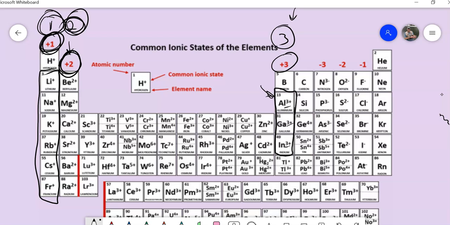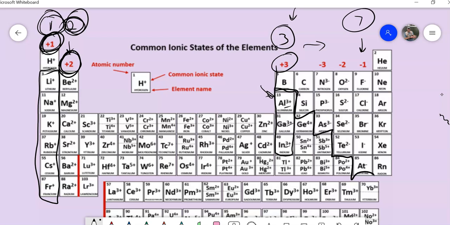Let's move on to the nonmetals. Remember, we have this dividing line here between the metals and nonmetals. So on this side are our nonmetals. Remember that nonmetals, you may remember that they have a higher electronegativity, or what we call electron affinity. And so they're typically going to take electrons to fill the octet. If we look at the halogen group here, those elements have 7 valence electrons.